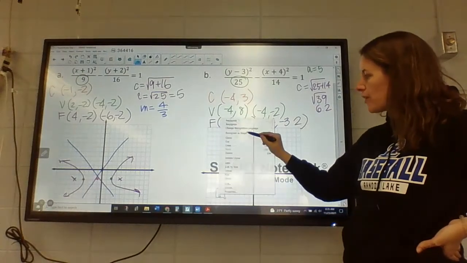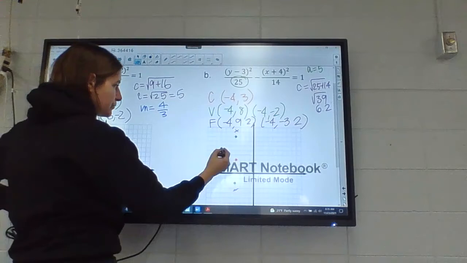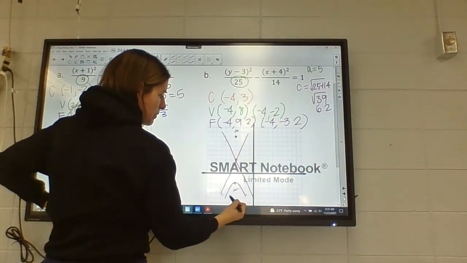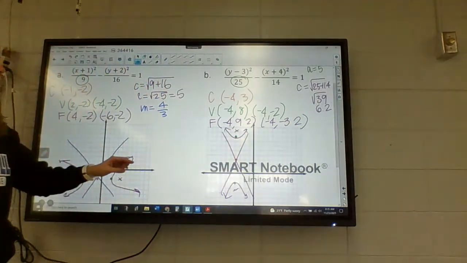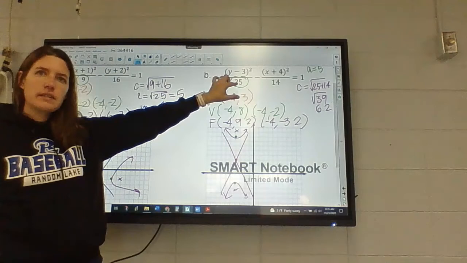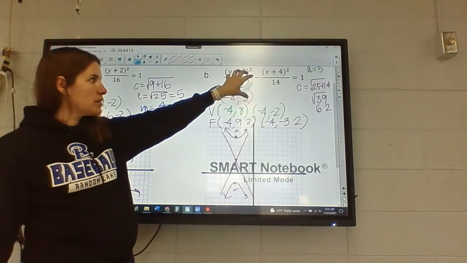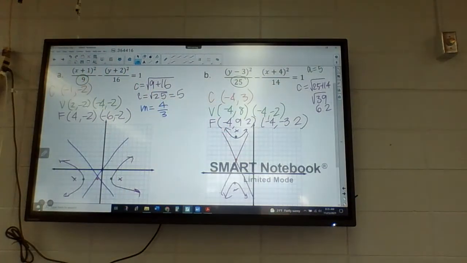So if that's helpful to notice, this would be a little bit skinnier here. So then we have our U shape. The reason I knew it was going to be skinny is because the value that's first, with the Y, is bigger than the one with the X. So it's going to be a skinnier graph.